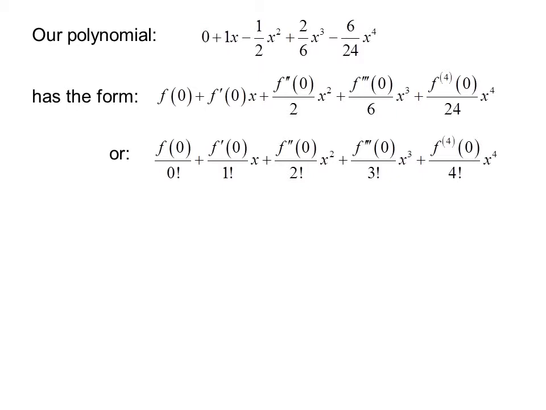Note that 0 factorial is 1, which helps us keep our pattern consistent. And we could write an x to the 0 on the first term, but x to the 0 is 1.